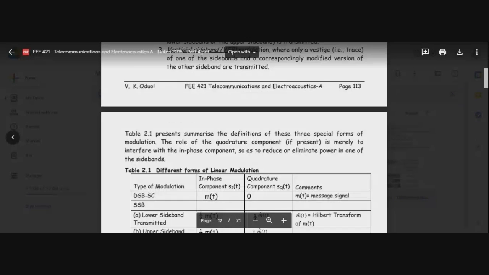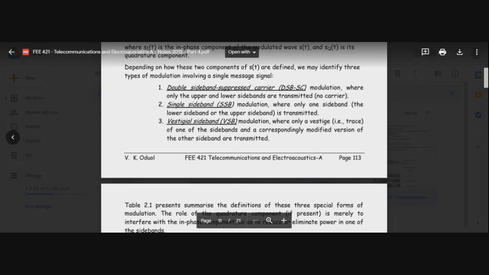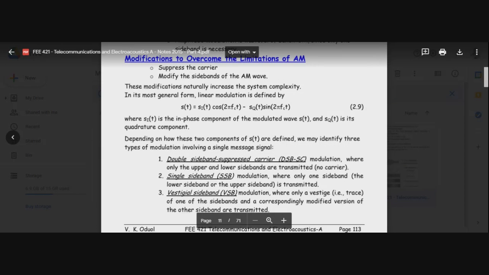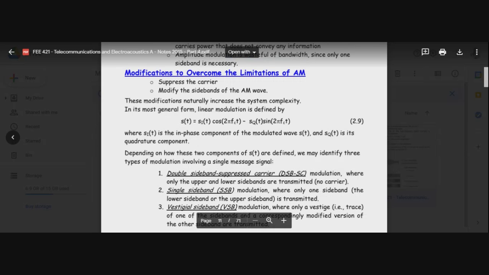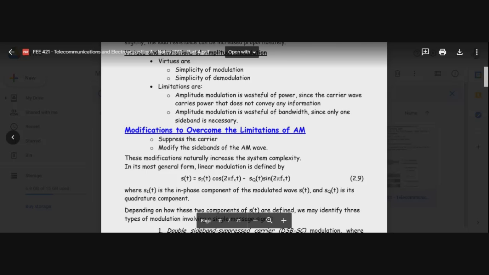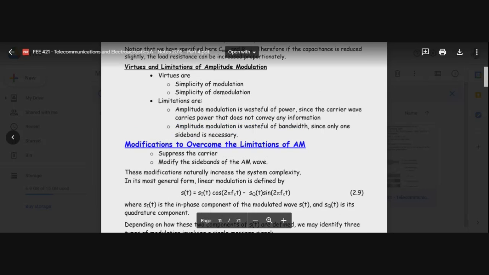So here we are basically okay. What do we take from here? We were trying to respond to the problems of amplitude modulation. The problems are that there's wastefulness of power, and we've tried to solve that by suppressing the carrier.